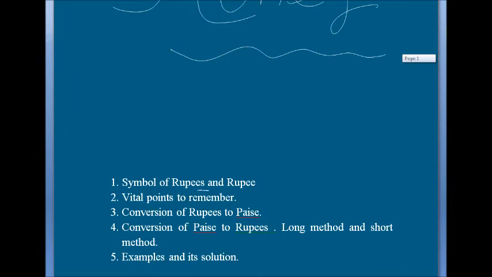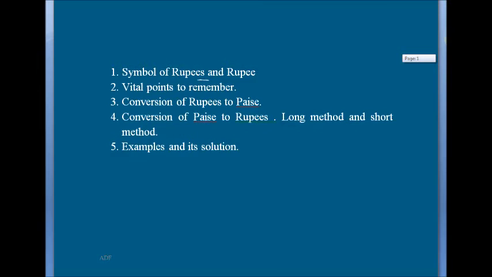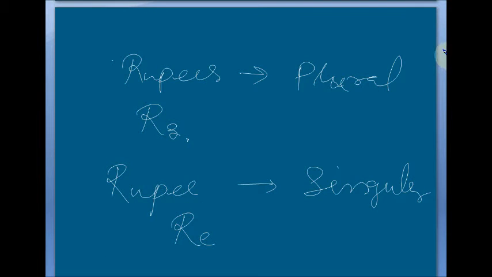After that, I told you about the vital points to remember for this type of sum. So what are those vital points? I am telling you one by one. I am assuring you that students who have much confusion about this type of question on money, everything will be clear.